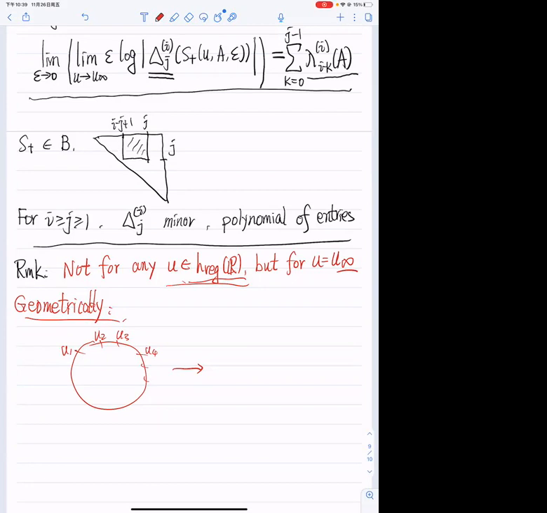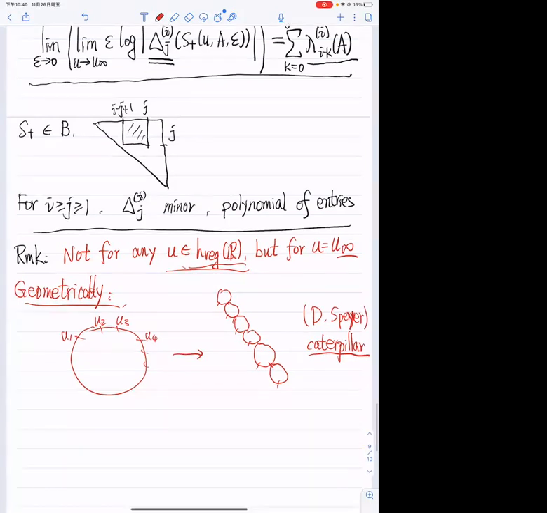And if I send Un to infinity first, and then I send Un minus 1 to infinity and so on, the corresponding real stable rational curves simply take this form, which looks like a caterpillar. So this is also called a caterpillar point by David Speyer, right? Yeah, in his work.